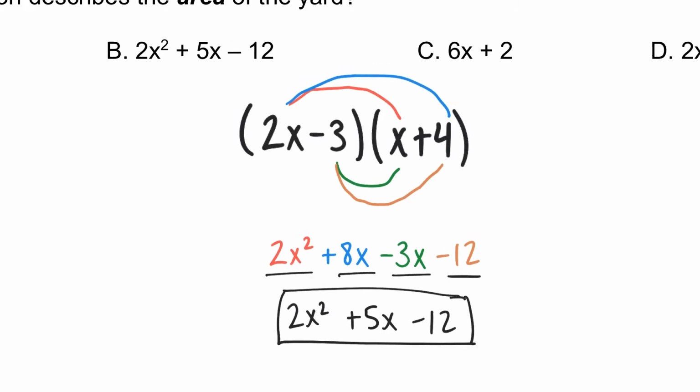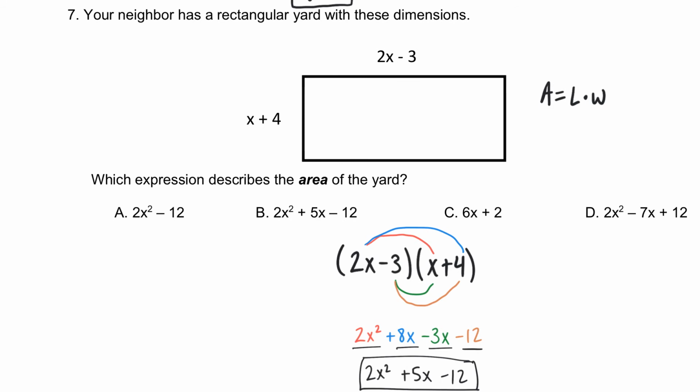And what's cool on this, I think, is if you actually put in numbers here for x, like if you put in 5 for x, 2 times 5 is 10 minus 3, so you would get 7, and then you'd get 9 here, which is kind of weird because the length should be longer than the width. But anyway, if you did 7 times 9, you'd get 63, and if you plugged in 5 for x down into this expression, you would also get 63.